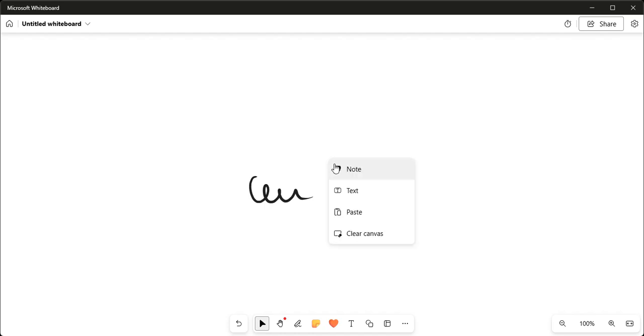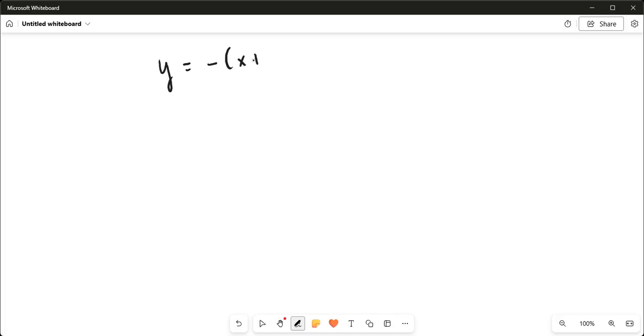Okay, we're going to just briefly go back over the two kinds of problems in lesson 100, graphs of parabolas. So, what we're going to do is remember what our little shortcut here means.